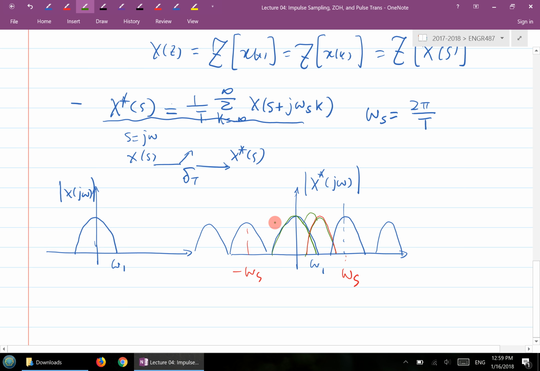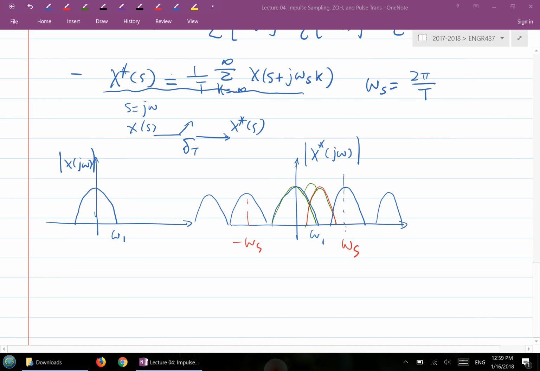Reconstruct basically means what is exactly the original signal, what's the exact information? That's where Shannon's theory comes into the picture. So your omega_s needs to be at least twice as much as the original bandwidth of the system here. So omega_1 is the bandwidth.